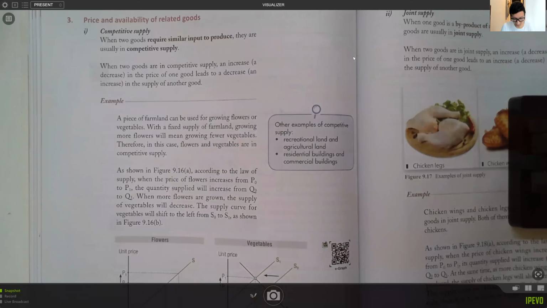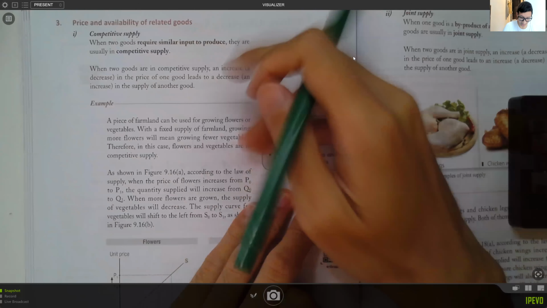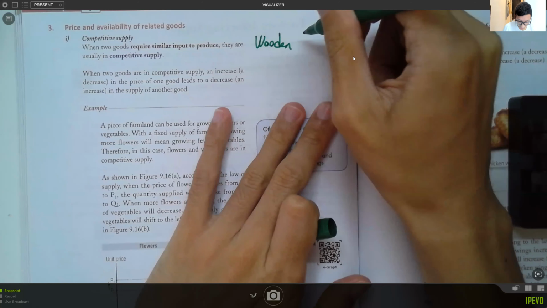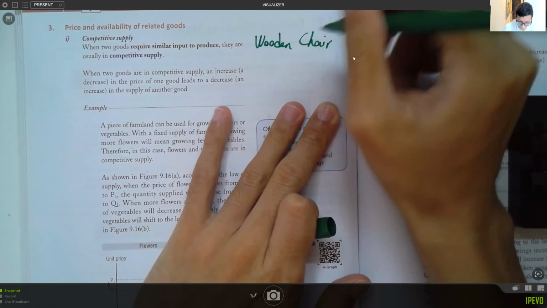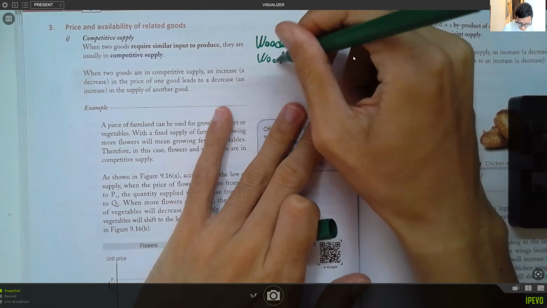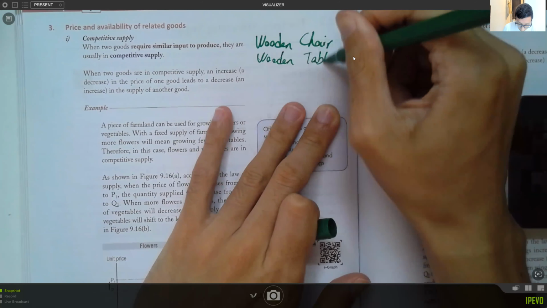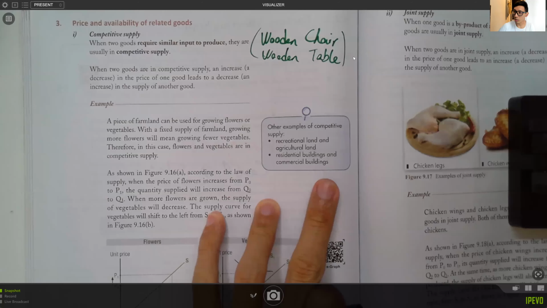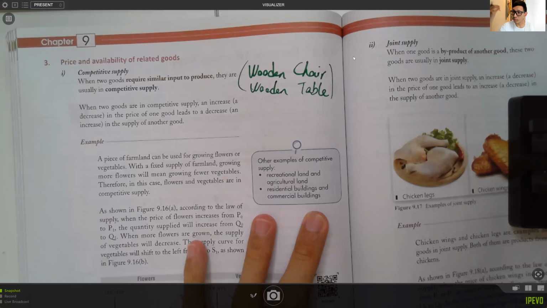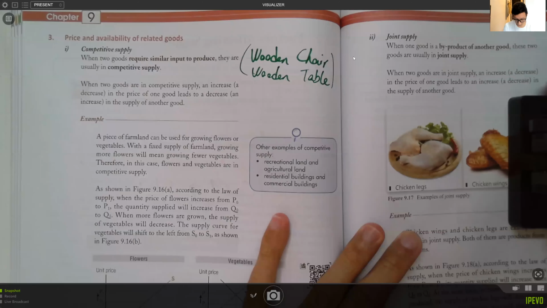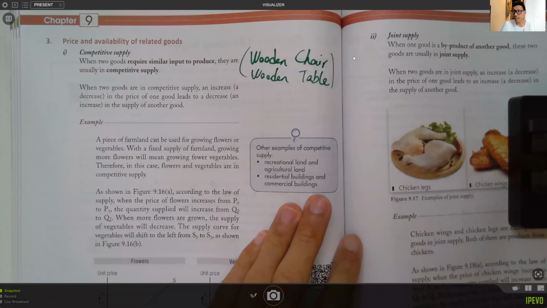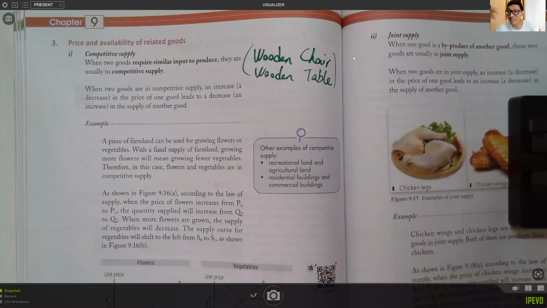So you see, land and building usually will be the example. Another example, let's say wooden chair and wooden table，兩個都係用木做，用木做咗凳。If you make more chairs, then unfortunately you run out of wood to make tables. Now for those of you who play those survival video games，而家好興咧，you need to gather resources and make things to survive.